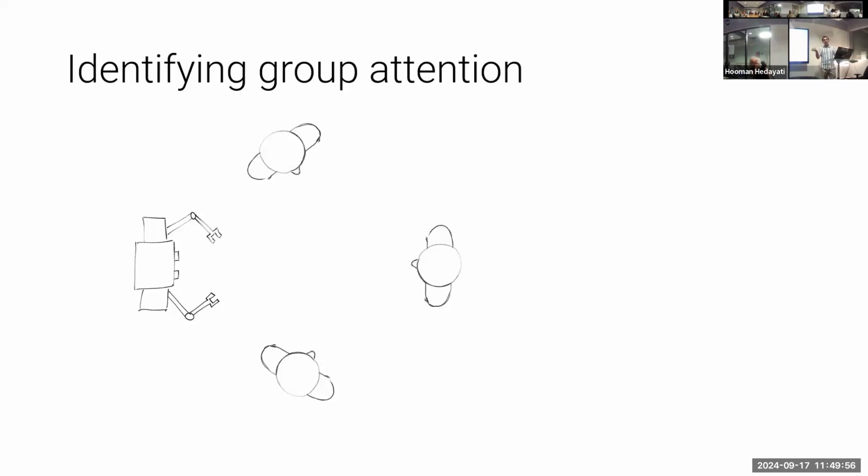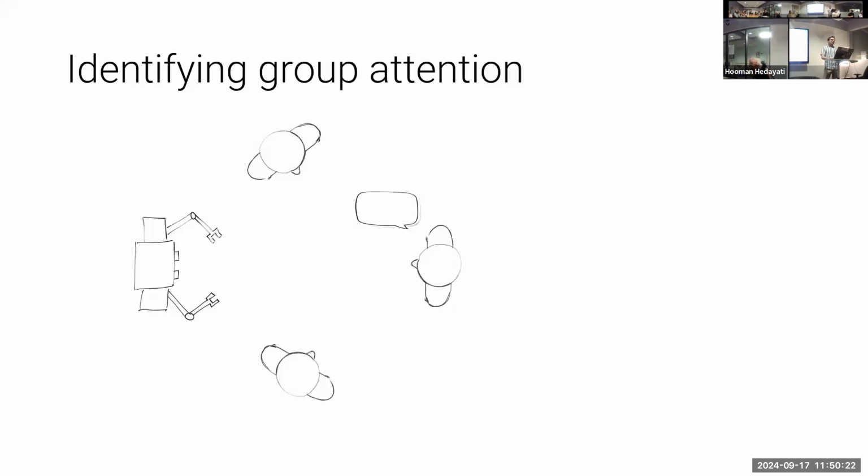For example, right now I'm the speaker, so if we think of it as a formation, most of you are looking at me. It is necessary for humanoid robots to look at the person who is talking to make sure the conversation is smooth and there's no weirdness in it.